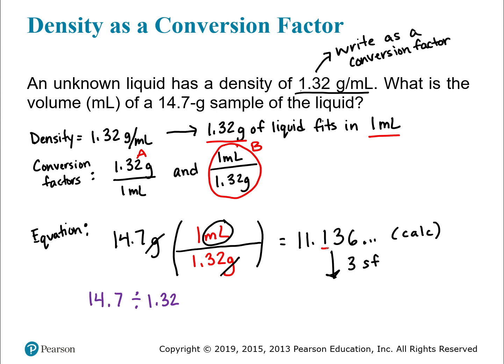So that 1 is going to be our last retained digit. You look at the 3, it is 4 or less, so we're just going to drop everything after that 1. 11.1 milliliters is our volume.